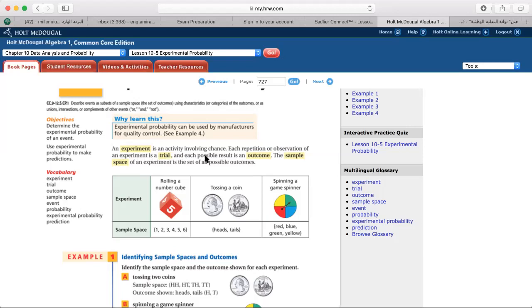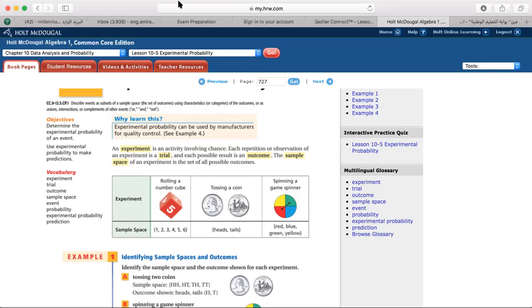And each possible result is an outcome. Each time I am making an experiment or observation, it is called a trial. And each possible result is an outcome. The sample space of an experiment is the set of all possible outcomes.